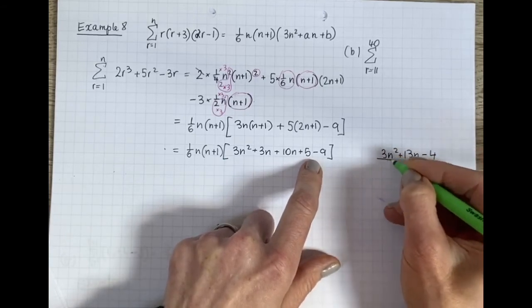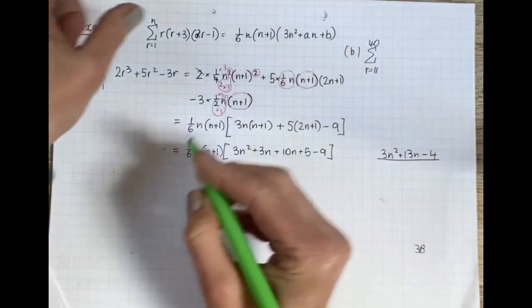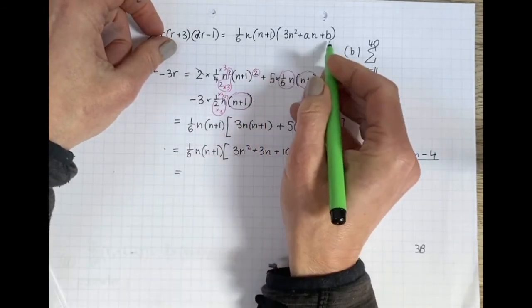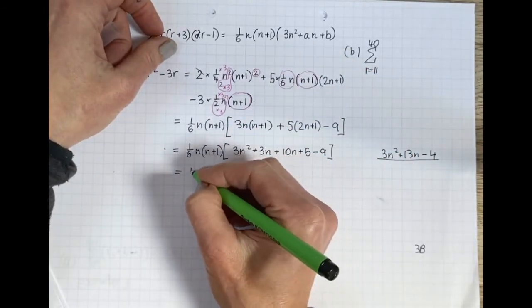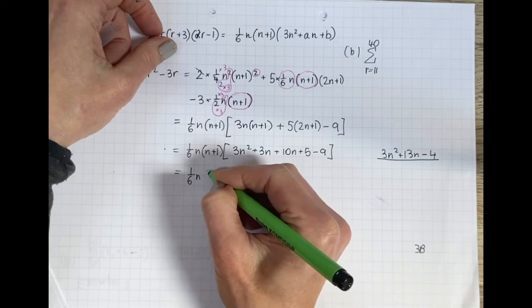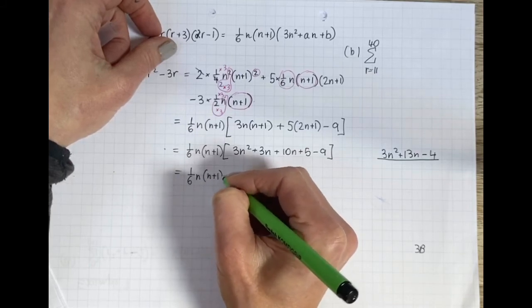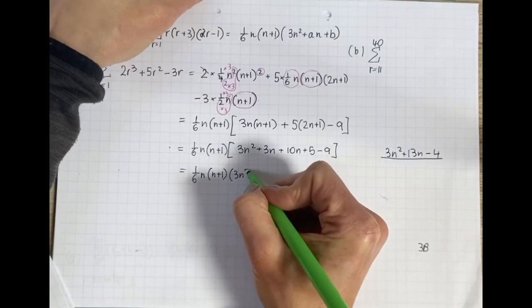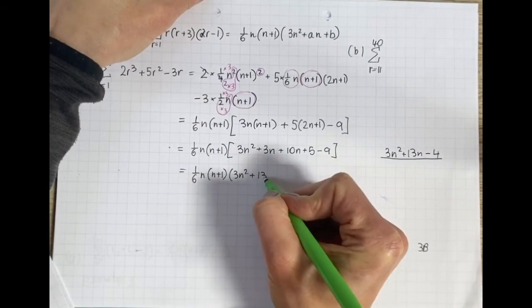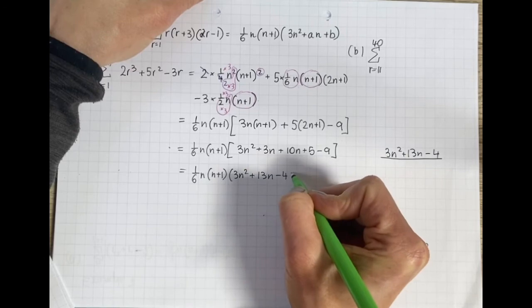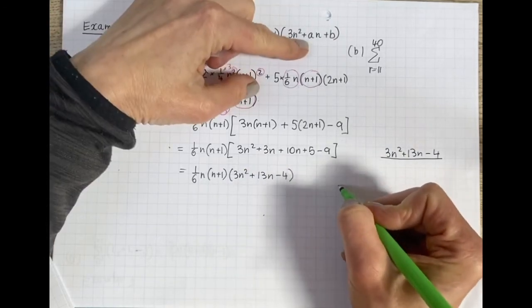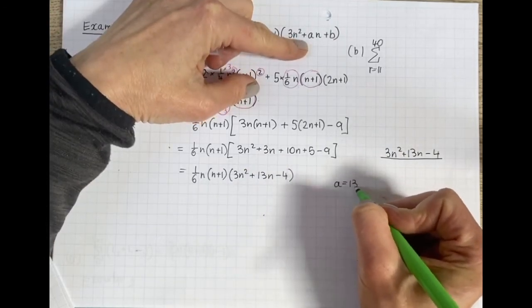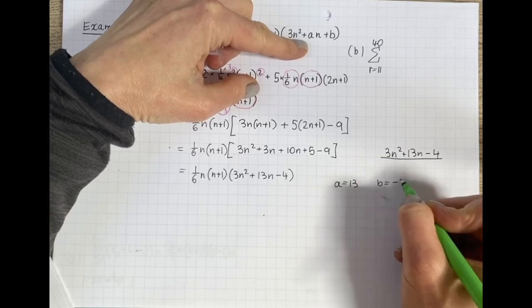Actually, we do not need to factorize it because we are told, specifically by having it written like this, that it does not factorize. Okay, so it's 3n squared plus 13n minus 4. So the value of A is 13, the value of B is minus 4.